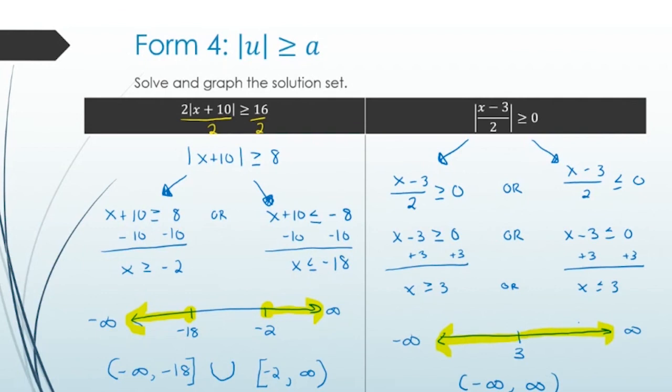That's always going to be true because you have a positive greater than or equal to 0. Now, if it had been greater than 0 without the equal to part, then 3 would not be an answer, and your answer would be everything except 3, because we don't include 3. So that would actually look a little different.